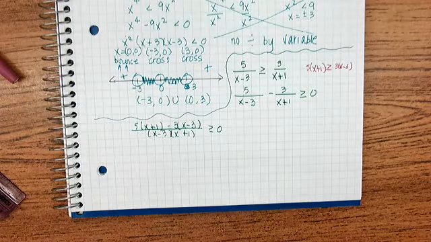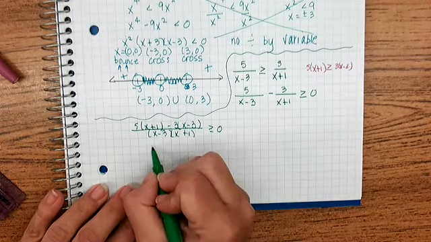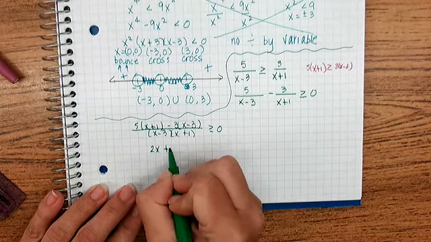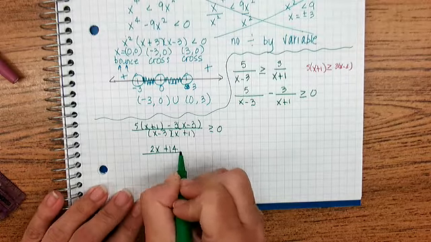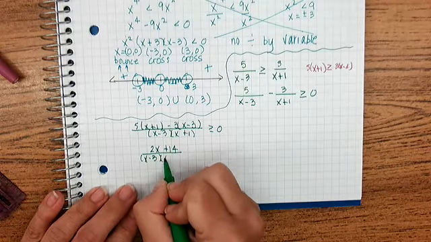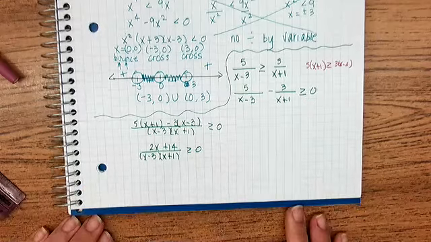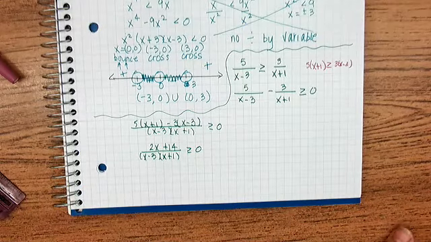Okay, so pause it, figure it all out. Get 2x plus 14 over x minus 3, x plus 1. Do not multiply that out.